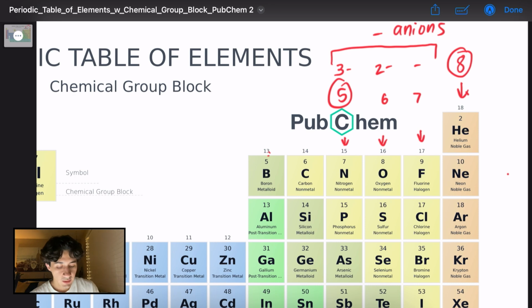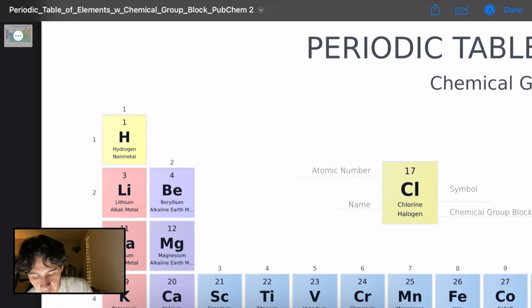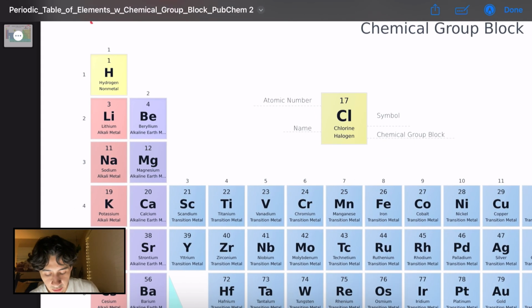Now, going to the left side of the periodic table, if we look at cations, these elements are going to be positive oxidation numbers called cations. So lithium has an outer shell with only 1 valence electron. That's kind of unstable.